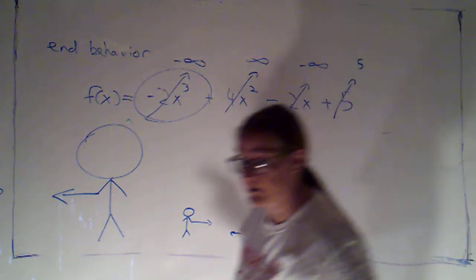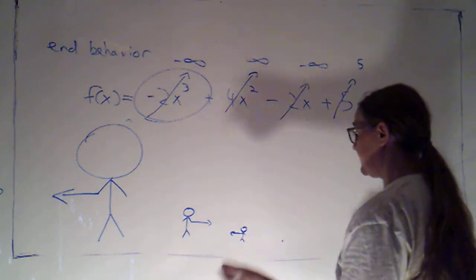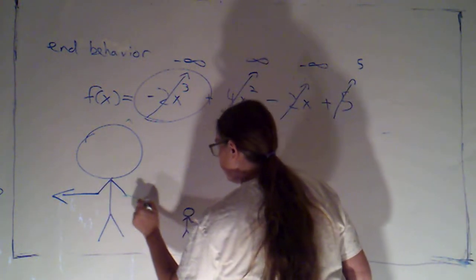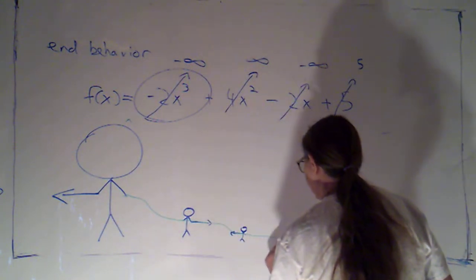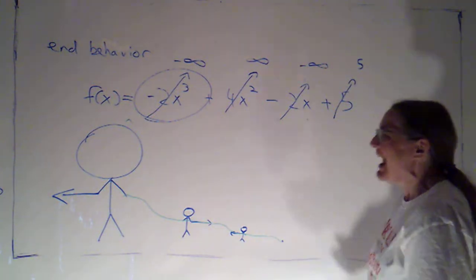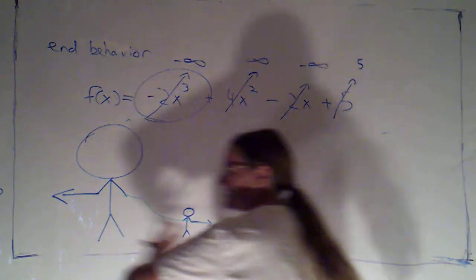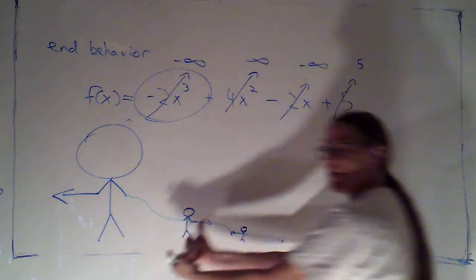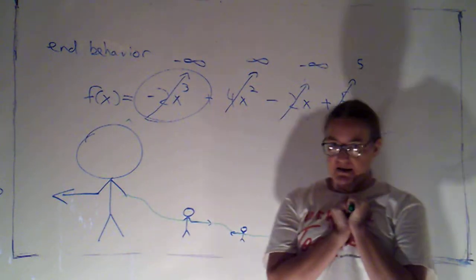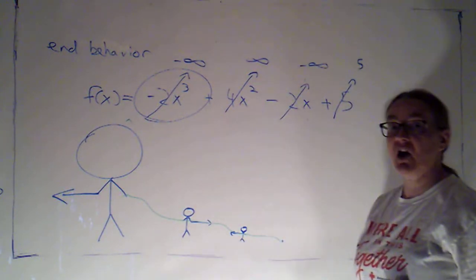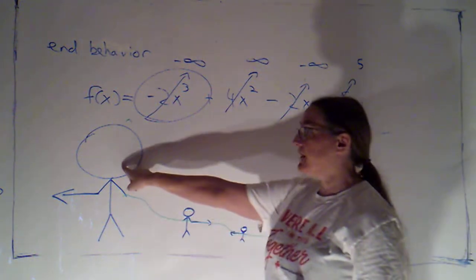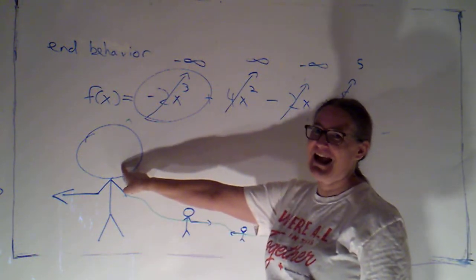Let's stay here. Now, if you imagine that this is a tug of war, so I'm going to attach a rope to all of these guys, okay? And now, these two are trying to move us this way. This one is trying to move us this way, and this one is just trying to stand there and stay put. Who's going to win? Whoever's got this guy on their team, okay?